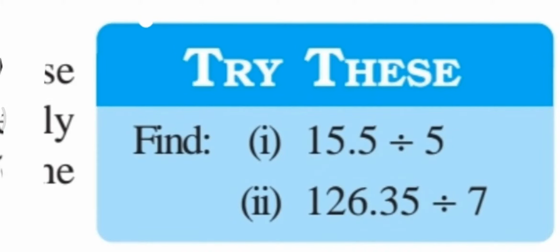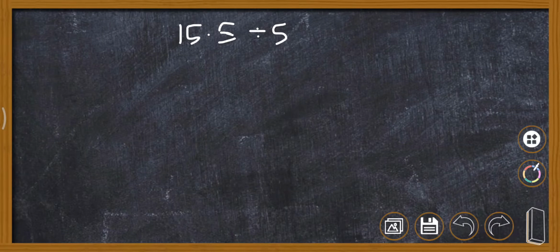Now this is fourth try these given on page number 53. 15.5 divided by 5 and 126.35 divided by 7. Now let us find out both of these questions one by one. Now this is 15.5 divided by 5.